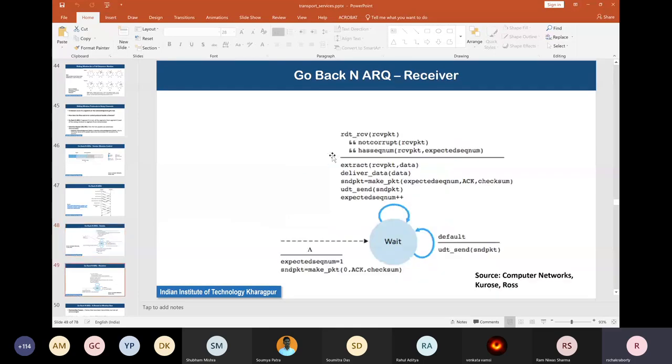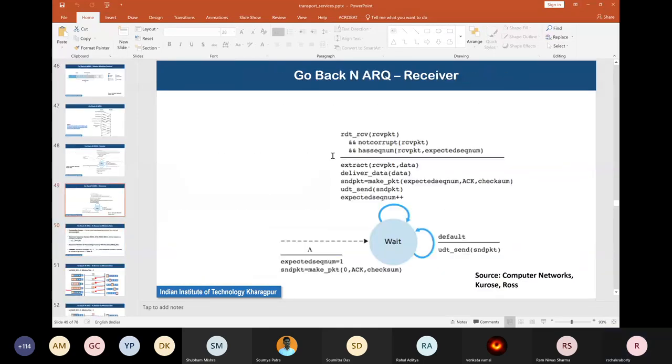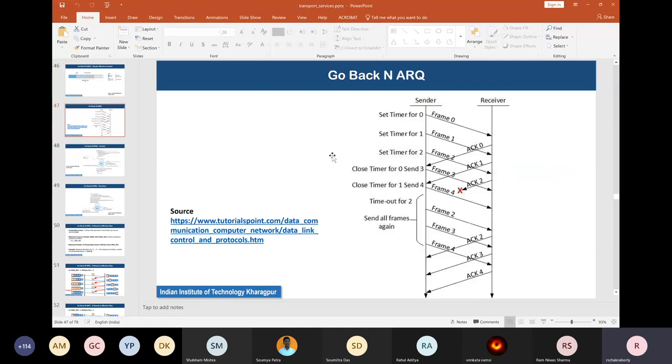So what happens is that if the acknowledgements of 3 and 4 suddenly come back, even before the acknowledgement of 2 has got lost, even if 3 and 4 come back, they would be ignored on the sender side.